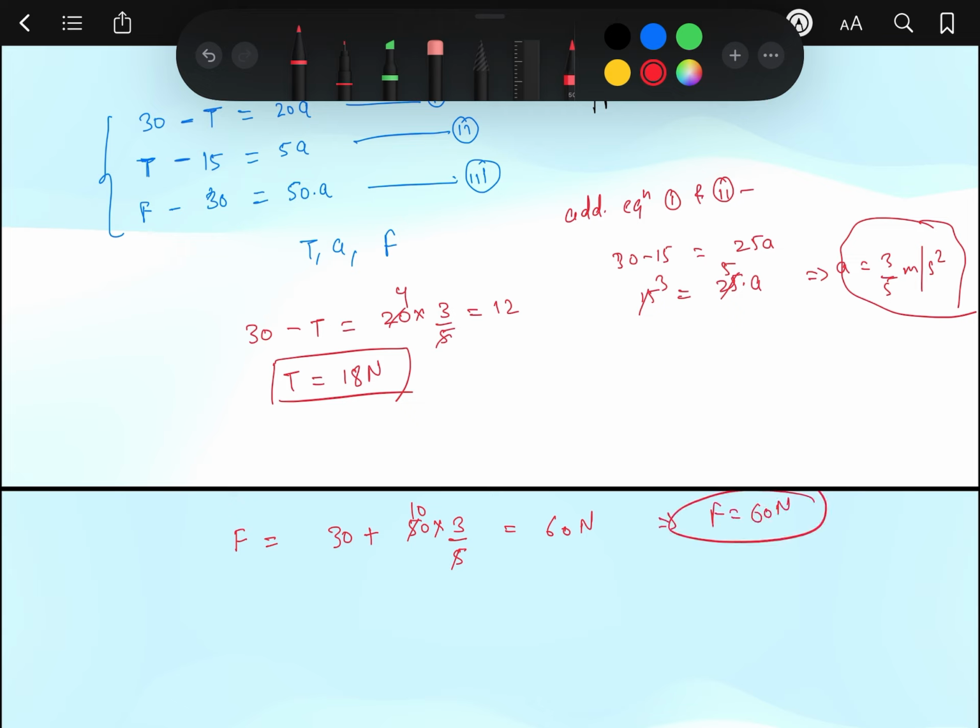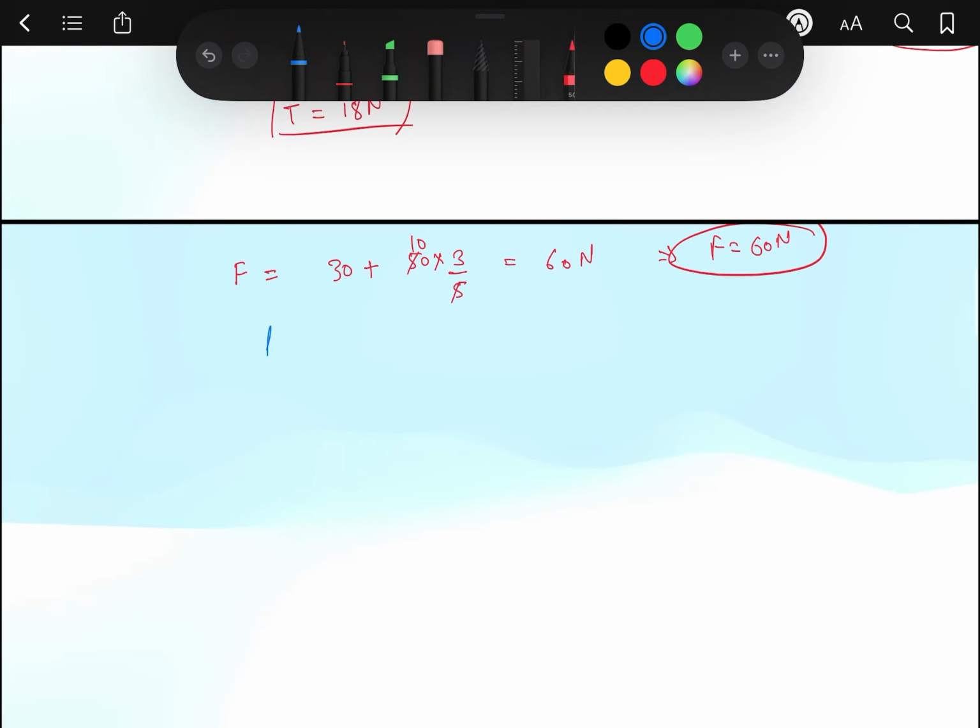Okay. So here we have gotten all the values. I will write here the friction force acting on this block M1, that is 30 Newton. Okay. And friction force F2 due to this block M2 is 15 Newton. And the value of acceleration of the blocks is 3 by 5 meter per second square.